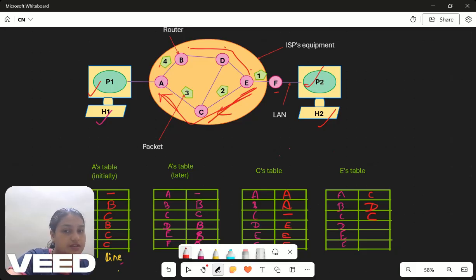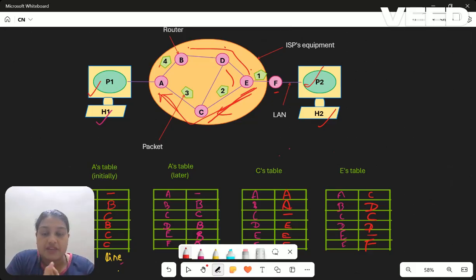D means A to D, so D. And this is E stable, so nil. And F directly to F. So this is about connectionless service. We have to choose different paths based on the condition. This is how you write the table for implementation of connectionless service.